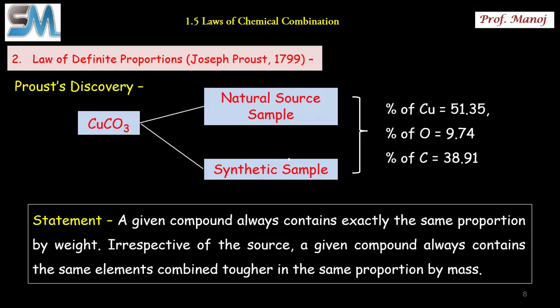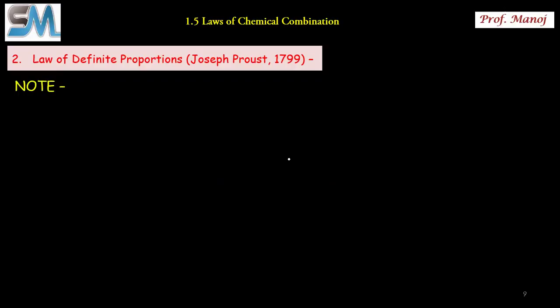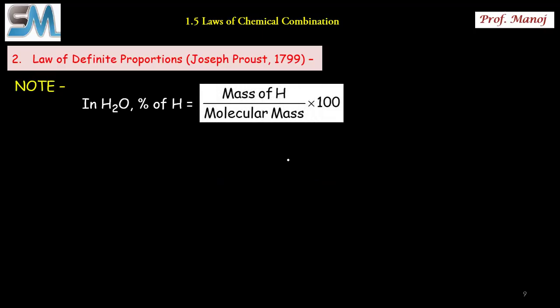Now, some of you might wonder how these percentages are found. So we'll just take a detour to understand how to find the percentage. Suppose we consider a molecule of H2O. How do we find the percent of hydrogen in it? The formula is mass of that element divided by the molecular mass, multiplied by 100.